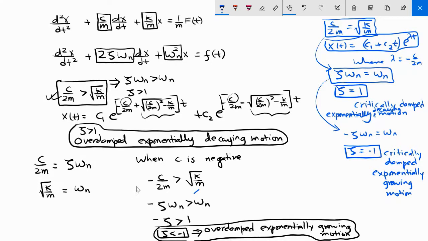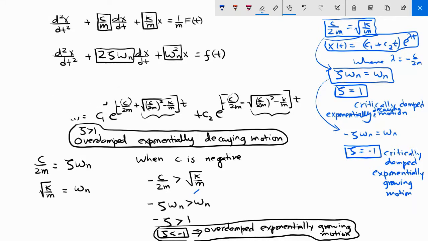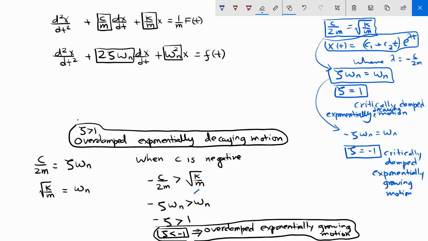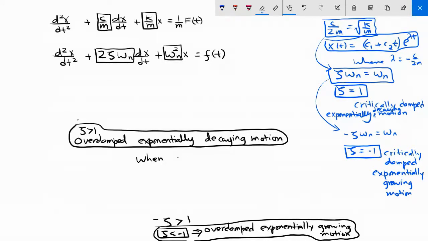Now let's analyze the third case. So in the third case, we had c over 2m is less than square root of k over m.